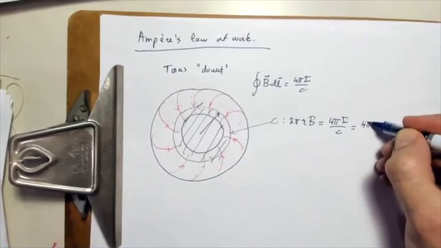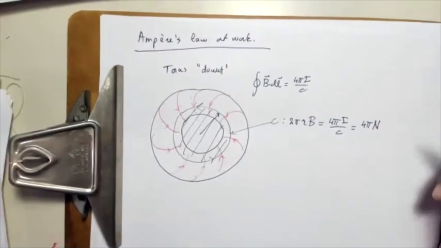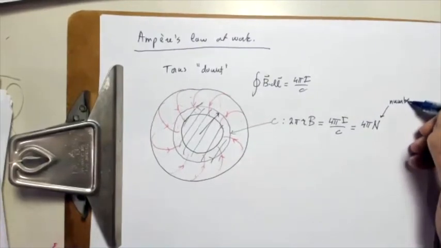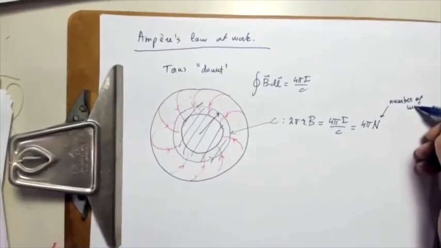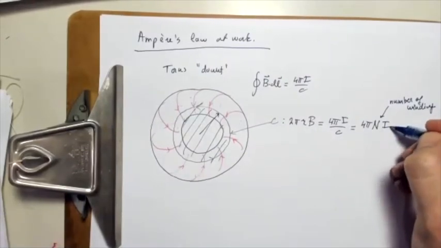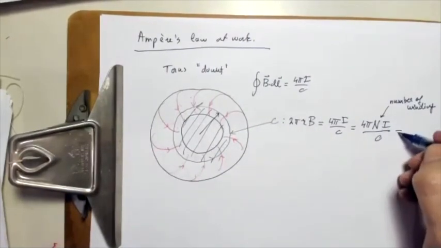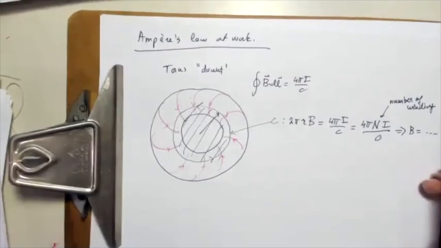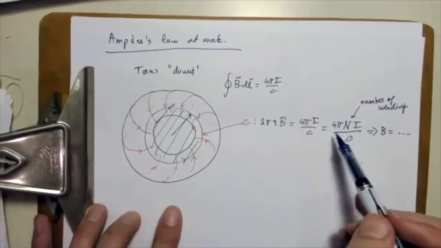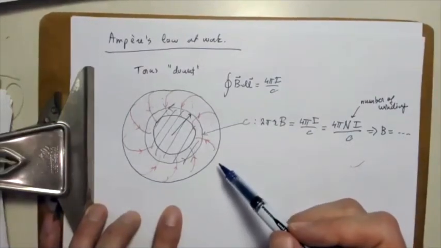So it's 4 pi times, let's say it's N loops, so that's the number of loops or number of windings, I over C, and then solve for B. Now you've got your field. This is, of course, example 1.